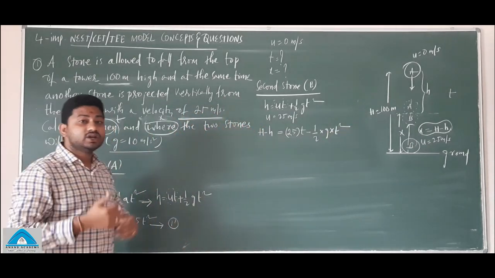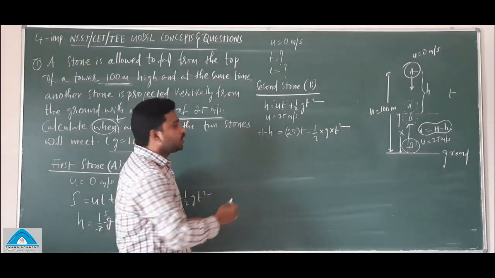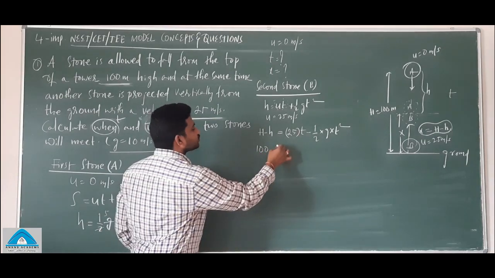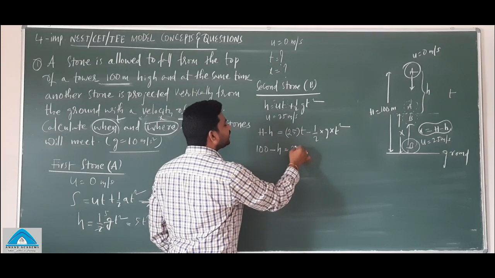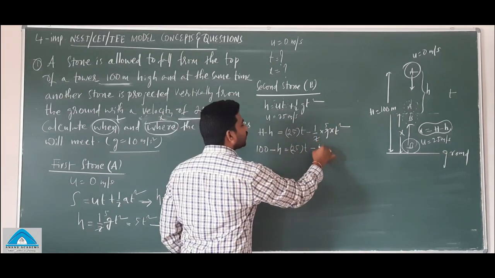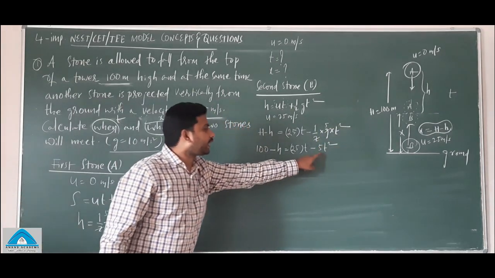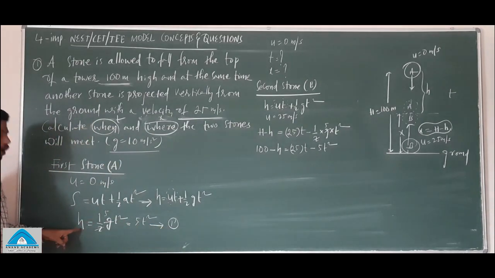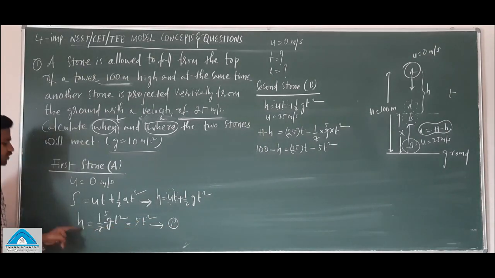Now, what is capital H value? Capital H value is 100, minus small h, which is equal to 25 into t minus half g t square, that is 5t square. From equation 1, 5t square is small h.